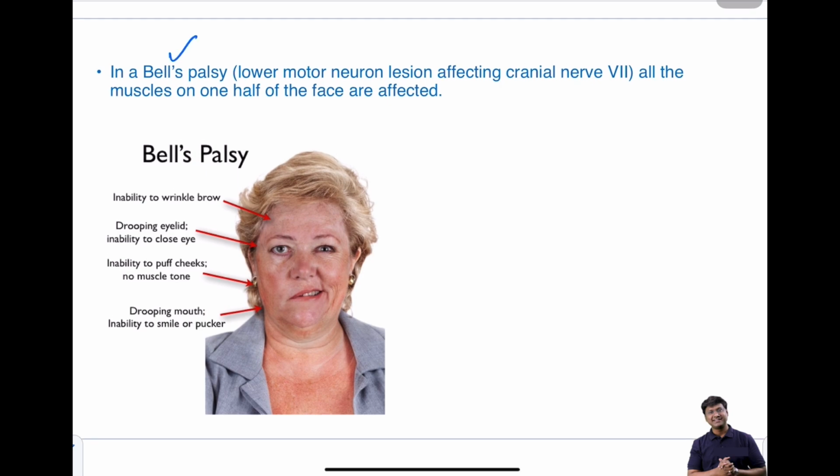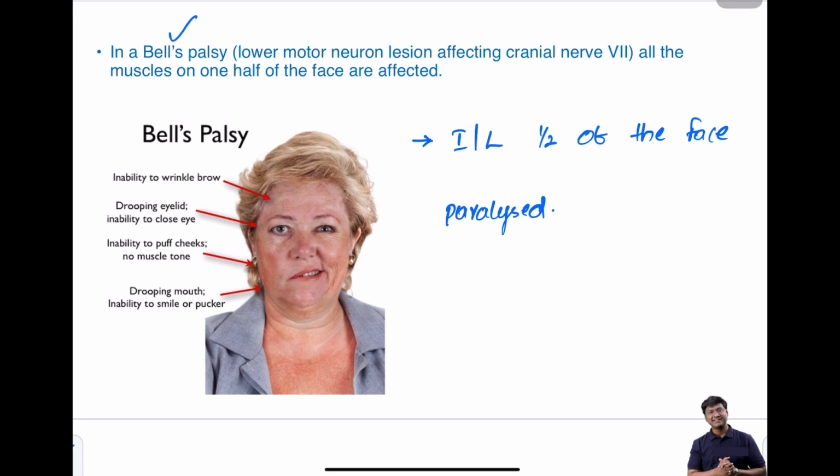In case of Bell's palsy, what will be the clinical manifestations? There will be ipsilateral paralysis of half of the face. If you observe the image, the individual will not be able to wrinkle the brow.